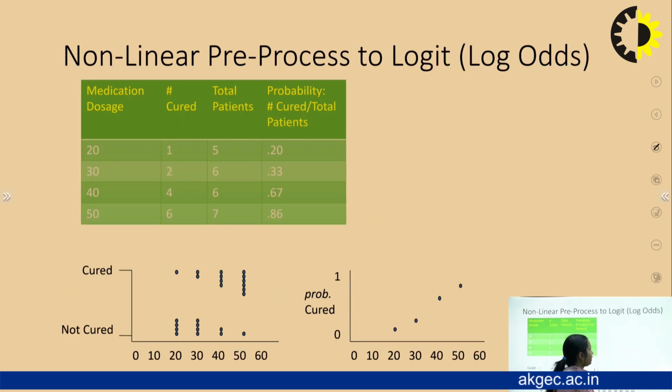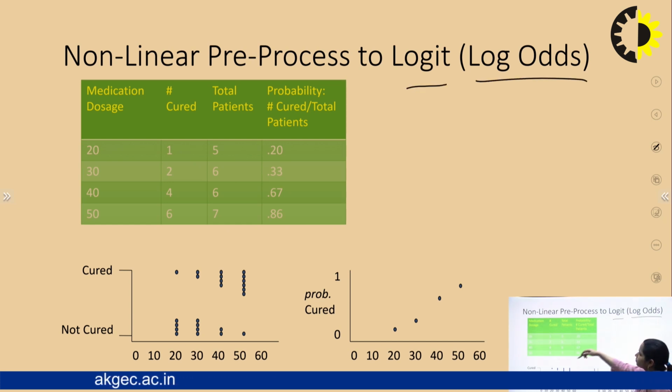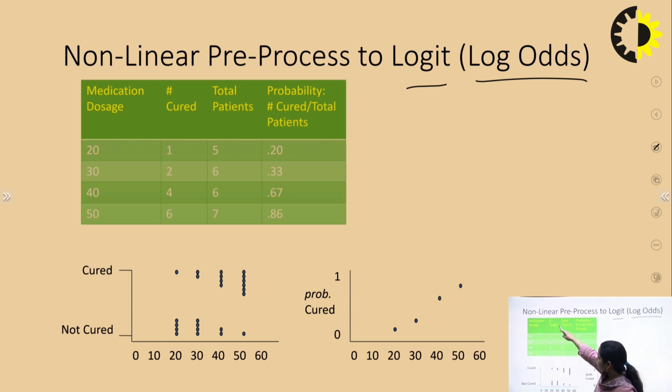We can see by an example how non-linear preprocessing to logit works. Logits are nothing but the log odds. So we are taking medical dosage. Suppose these are the medical dosages, and whether the person is cured or not, the total number of patients on which we have worked, and the probability of cured and total number of patients, right?